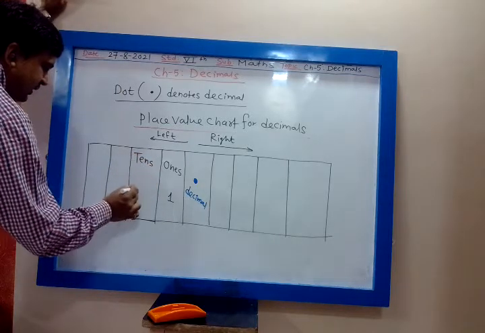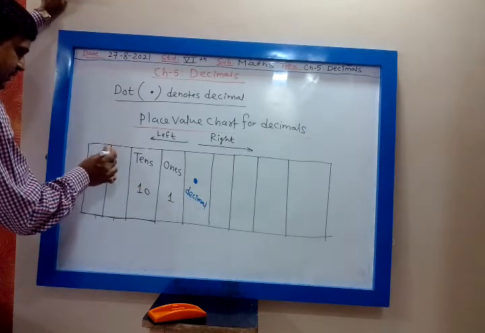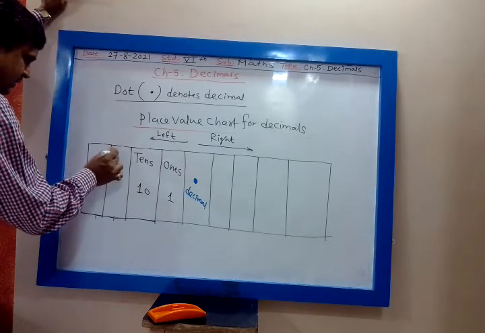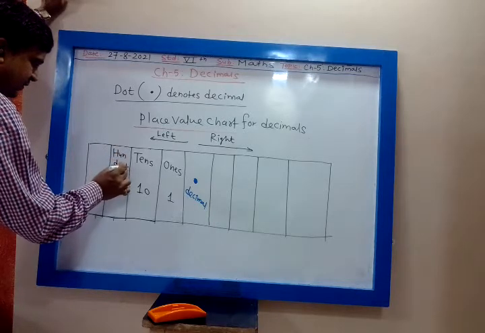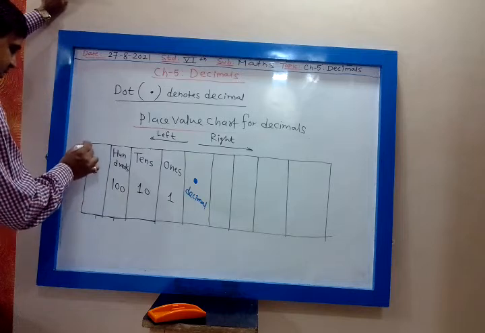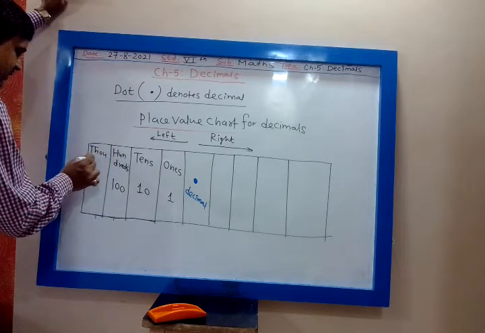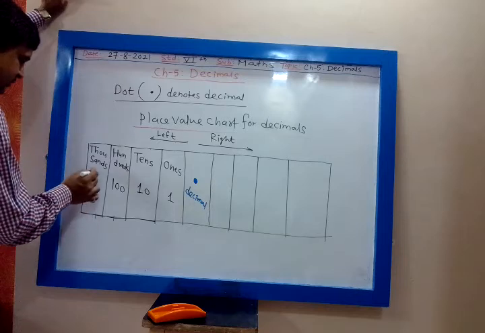What is the place value of 10? 1, 0, 10. Then we have hundreds, that is 100. Then we have thousands, that is 1000.